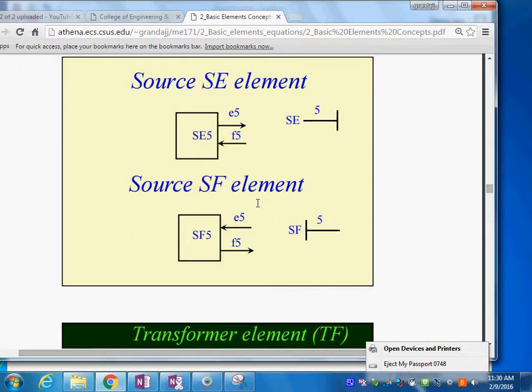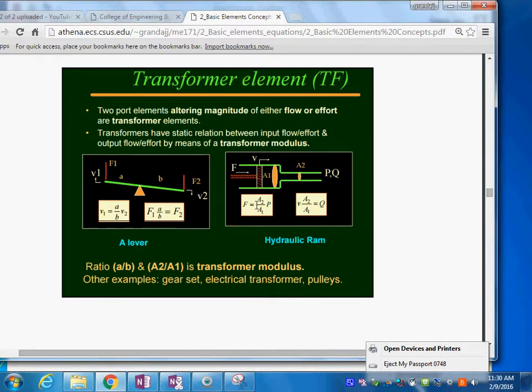If this pushes, then it creates a pressure. The opposite is true: if there is a voltage input in here, it will have the same type on the other side. It's like the force is proportional to the current. Okay?